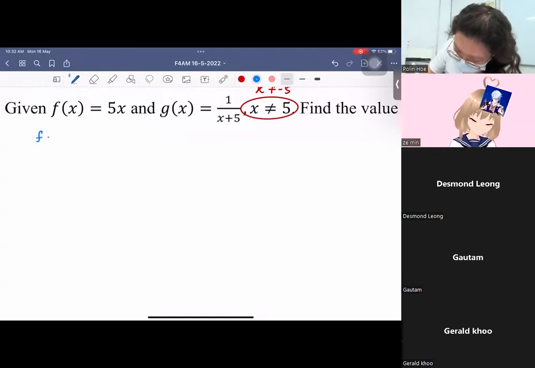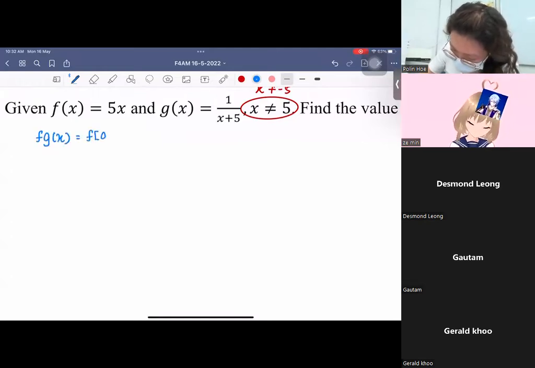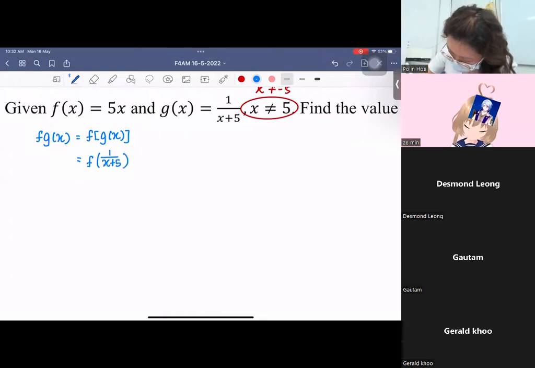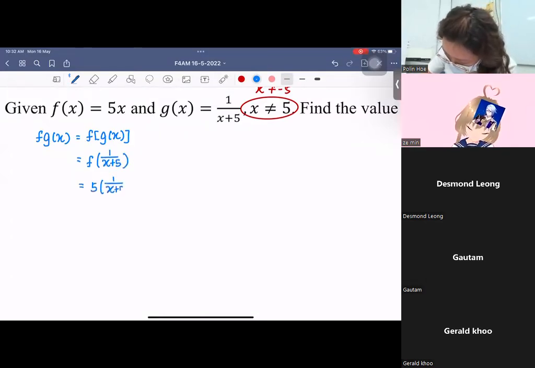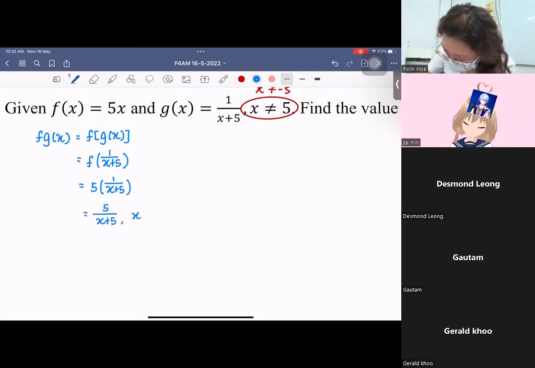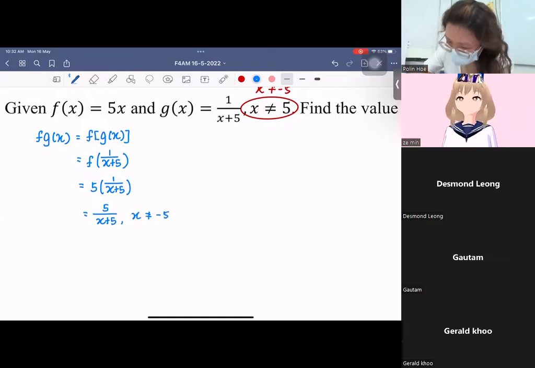So fg(x) equals f of 1 over x plus 5, equals 5 over x plus 5. Don't forget x is not equal to negative 5.